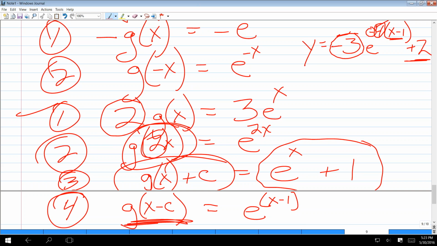Okay. So, if you wanted to memorize anything, what you want to memorize is these 6 alterations and know what each of them does. There's 2 reflections, 2 vertical alterations, and 2 horizontal.